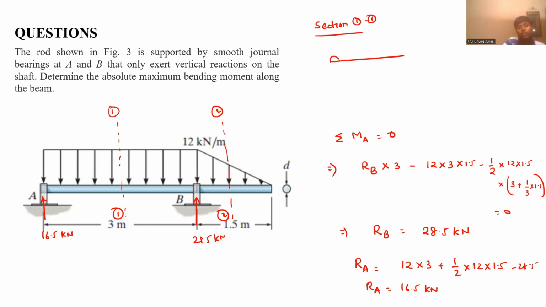So if we take section 1-1 now, section 1-1 will look something like this. Here it will be 16.5.